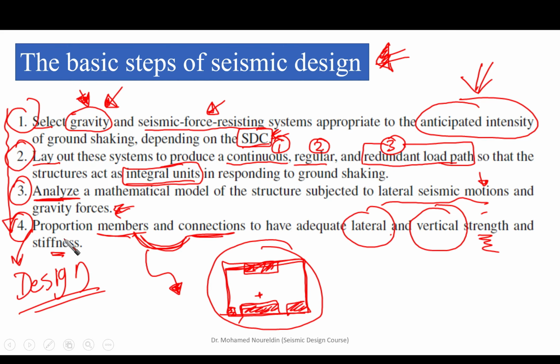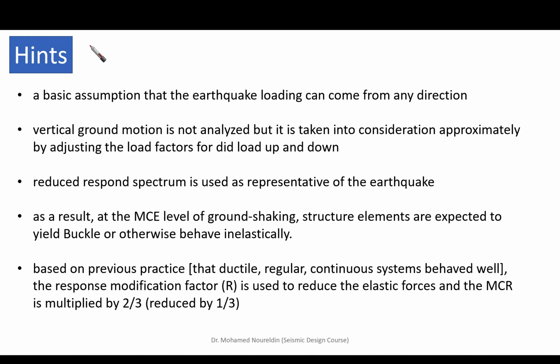Okay. Now let's give some hints about what we have explained. A basic assumption is that the earthquake loading can come from any direction. Whenever we have a plan, we are not sure from where the earthquake would strike. Commonly, we look at orthogonal directions, X and Y, and analyze in these directions.